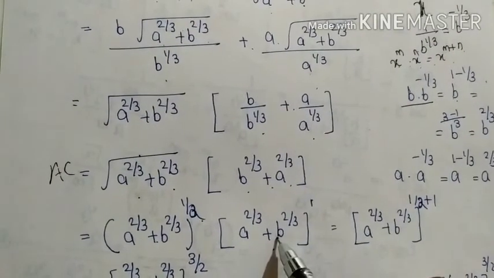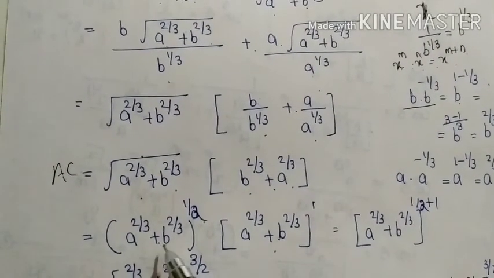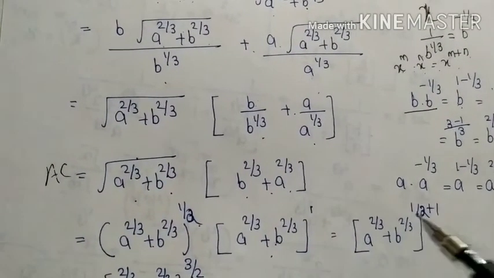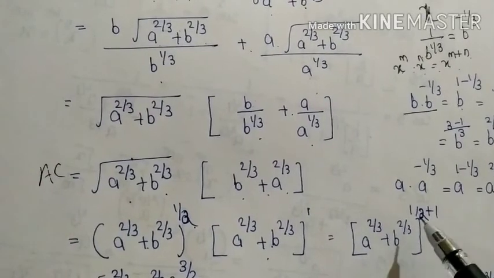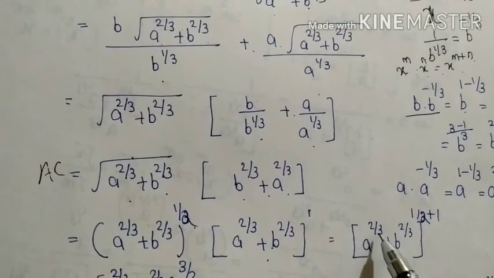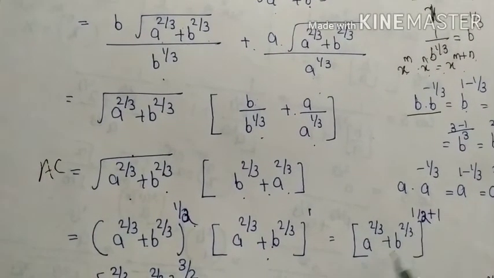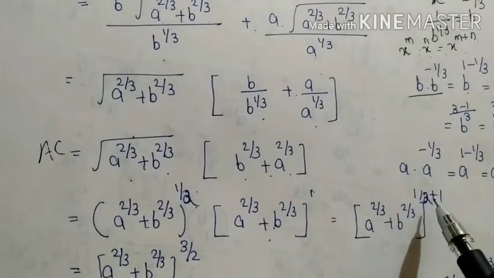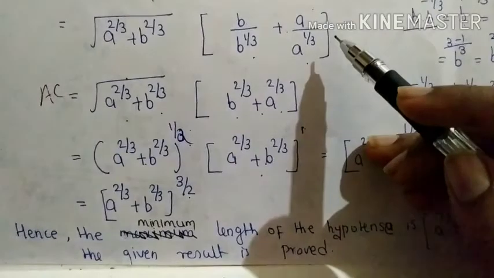Here both the terms in brackets are common, so I'm going to add the powers. We get a raised to 2 by 3 plus b raised to 2 by 3 whole raised to half plus 1, and 1 plus half is equal to 3 by 2, right?